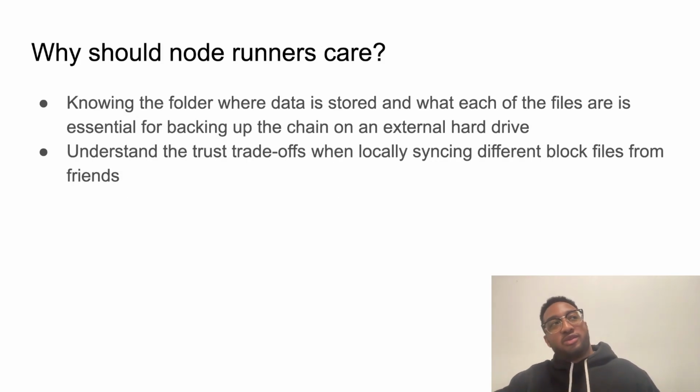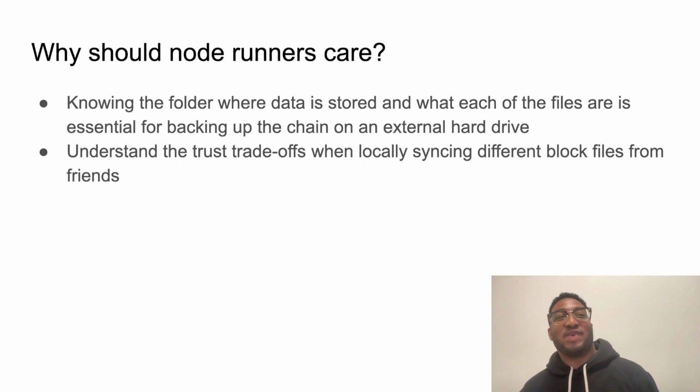Now, why should node runners care? You guys could pitch in if you have other reasons that node runners should care. Knowing the folder where data is stored and what each of the files are is essential for backing up the chain on an external hard drive. How are you supposed to back up the data if you don't know where it's stored?